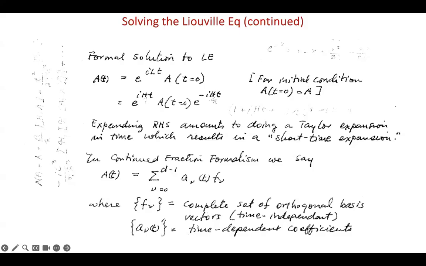Otherwise, initial condition on the left and right don't match up. So our choice of F0 being A at t equal to 0, in other words, our choice of linking with linear response theory, automatically tells us a little bit about what the A's are. A0 at t equal to 0 is 1. A nu at t equal to 0 is 0. And all the other F's have not come in yet. Only F0 exists.